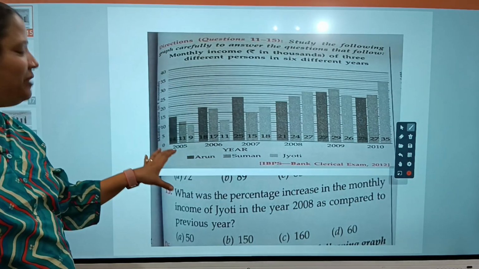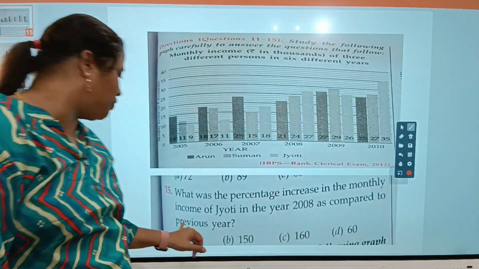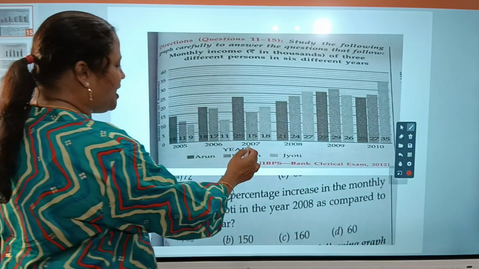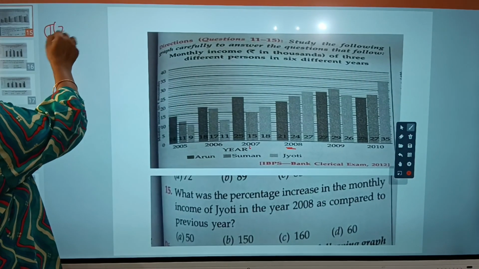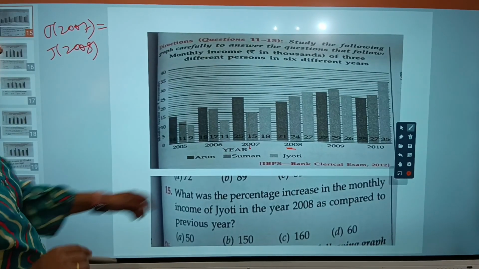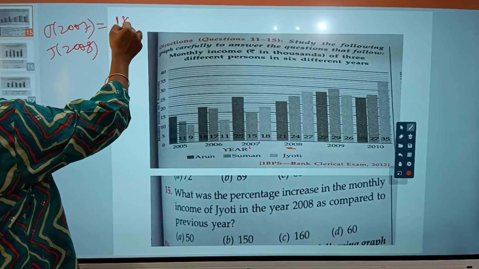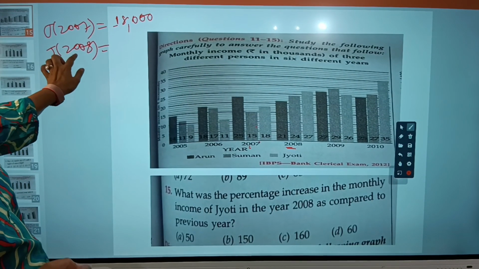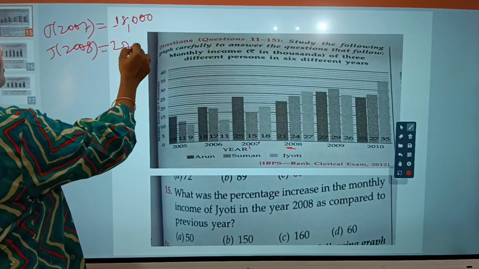The last question from this graph: what percentage increase in the monthly income of Jyoti in the year 2008 as compared to the previous year? So Jyoti's income increase from the year 2007 to 2008, how much is it? We have to take Jyoti's income in 2007 and in 2008 first of all. In 2007 she has an income of 18,000. In 2008 she has an income of 27,000.